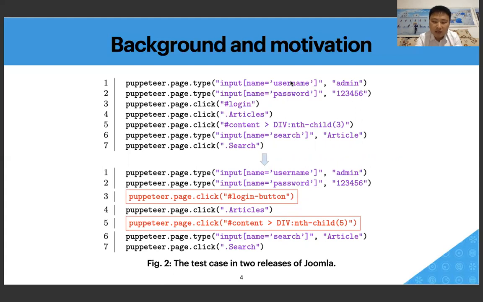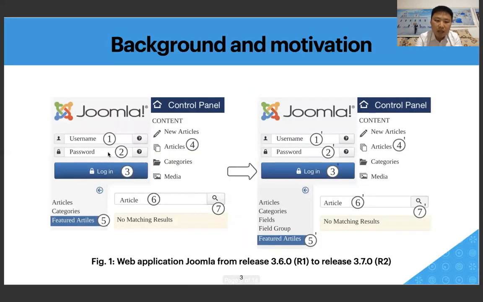As we can see from the top of Figure 2, developers write a test case for release 1 of Joomla. The test case consists of 7 actions from line 1 to line 7. Each action corresponds to the user operation from tag 1 to tag 7.